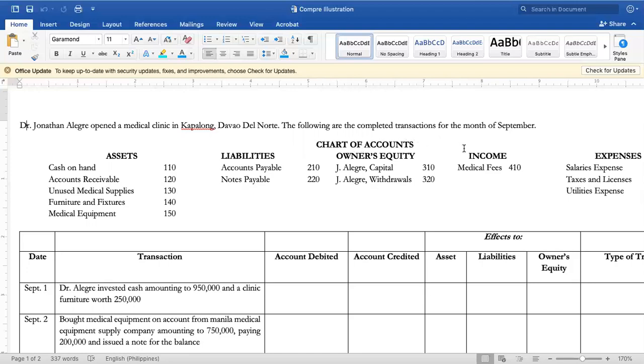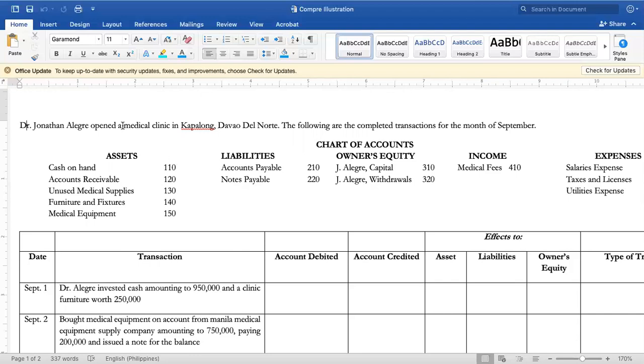So these are the transactions of the clinic of Dr. Alegre for the month of September. Take note that, applying the accounting entity assumption, we are on the perspective of the business entity.